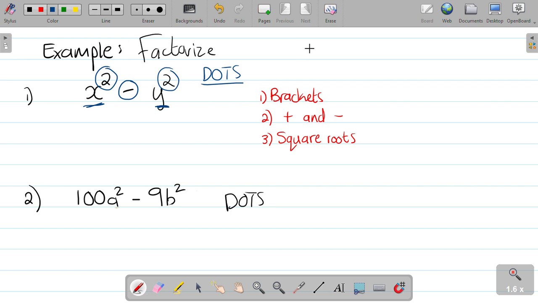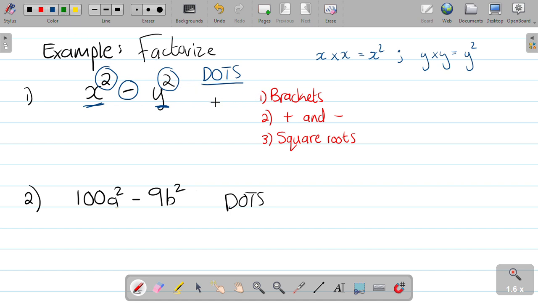If we take x times x, that is x squared, because anything times itself will be itself squared. And the y is y times y, which is y squared. So these two terms are squared terms, and therefore you can continue your method. I hope that is clear.